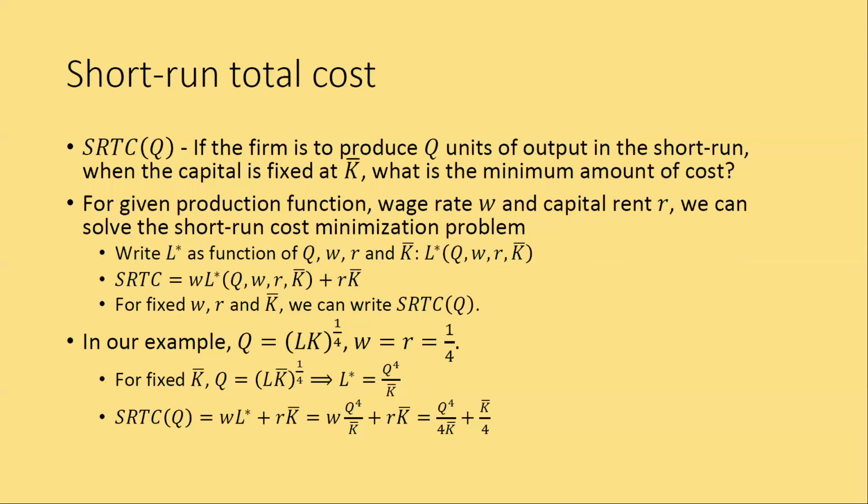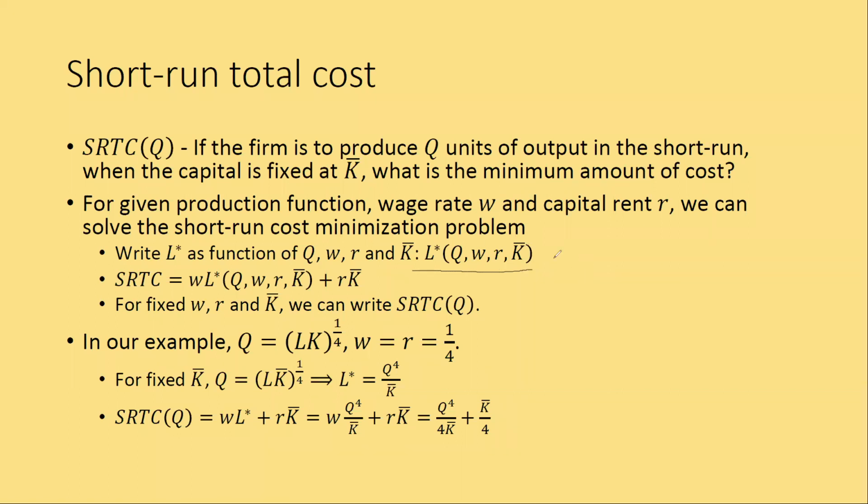And here we are not solving for K bar because K bar is fixed. So we can write our L star, the amount of labor the firm uses, as a function of our other parameters. So we write L star as a function of Q, W, R, and K bar.